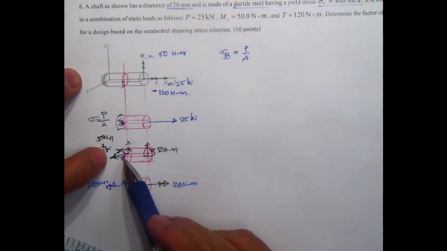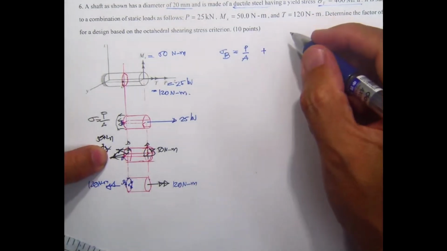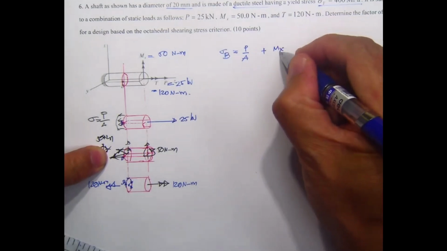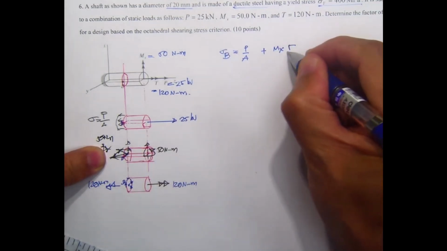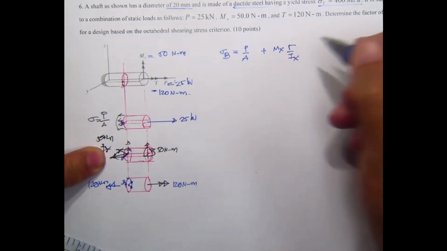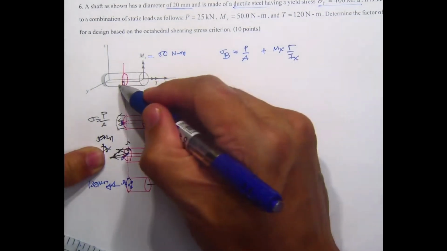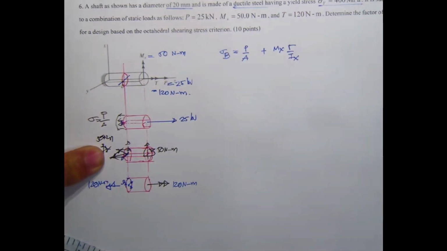And also over here, it will be subjected to the tension, plus M sub x times the radius, divided by I sub x in this direction.